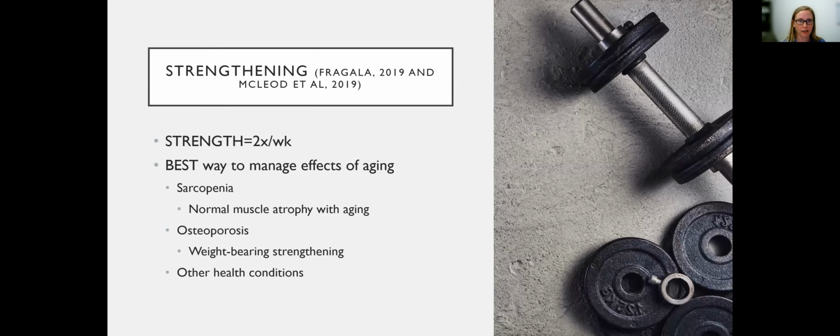So if we look at strengthening in particular, there's a couple articles here. Fragala, that one is a position statement from the National Strength and Conditioning Association.